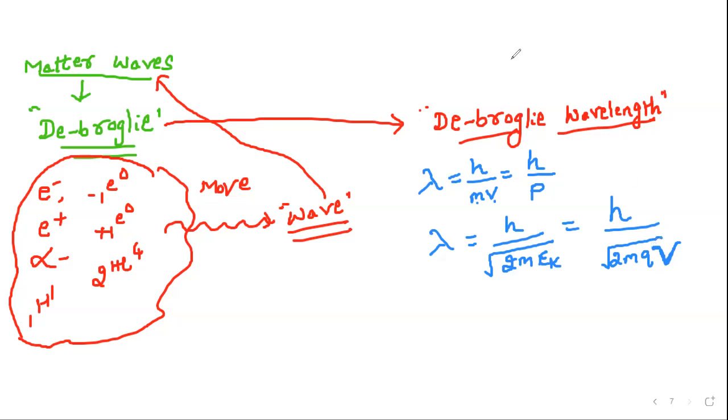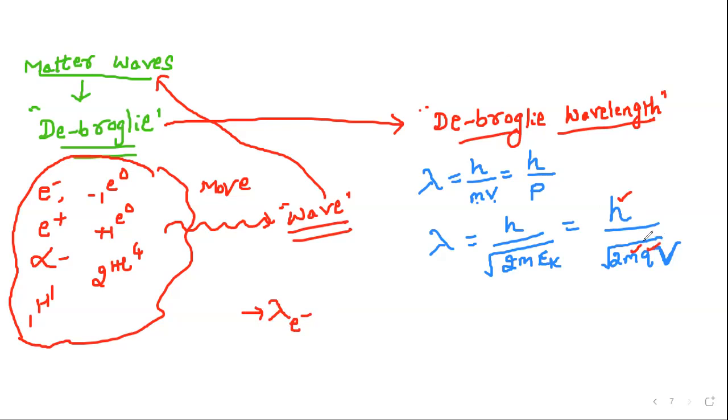In addition to this, you have to remember the de Broglie wavelength for different particles. If they have given the particle as an electron, h is constant, mass is constant, q is constant.